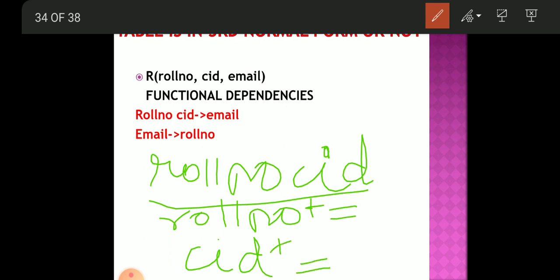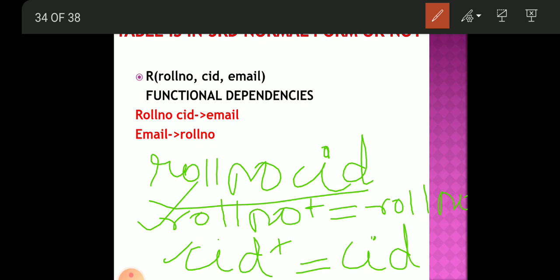The closure of roll number is roll number only, due to reflexivity, and no other attribute can be found with the help of roll number. Similarly, for CID we can only find CID.